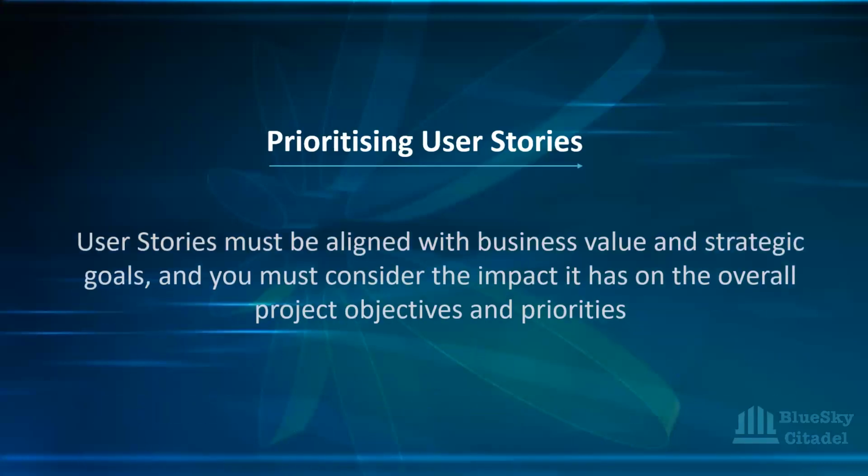You have to consider the impact on the overall project objectives and priorities. By making sure they're in alignment with the goals of the business, the goals of the team, and the requirements of the stakeholders you've gathered as a BA, you can ensure that the most valuable and most impactful features are developed first.